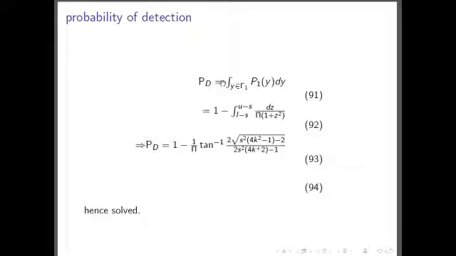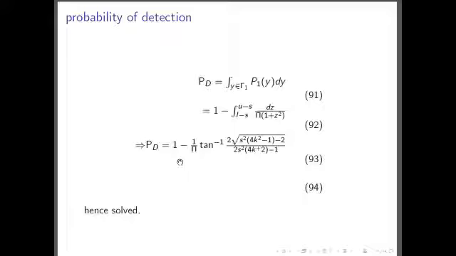Now let us calculate probability of detection. In general, the probability of detection is defined as deciding in favor of 1 when 1 is sent. It is given by the equation PD is equal to integral of P1 of y dy over the region gamma 1, which is equal to 1 minus integral from L minus s to u minus s of dz by pi into (1 plus z square).